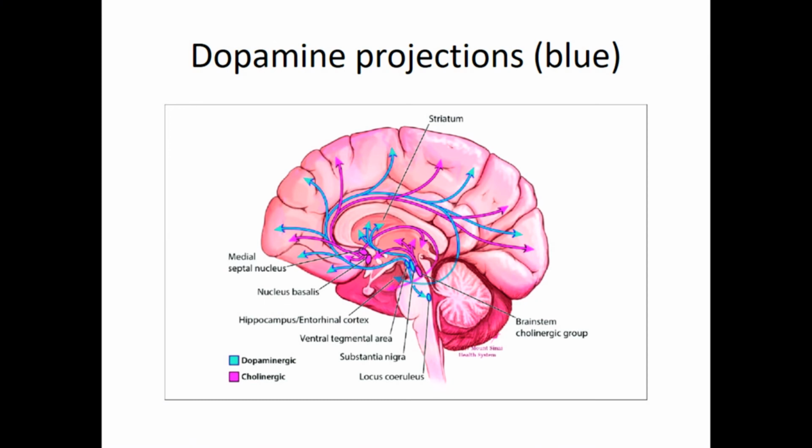Now, this is just a slide to remind you that the dopamine is what you see in blue, that it's projecting throughout the brain. That dopamine is not only important to promote wakefulness during the day, but it's also important in coordinating some of the sleep stages as we transition from one stage to another. And for this reason, the dopamine deficiency also impairs some of that natural progression of sleep staging.